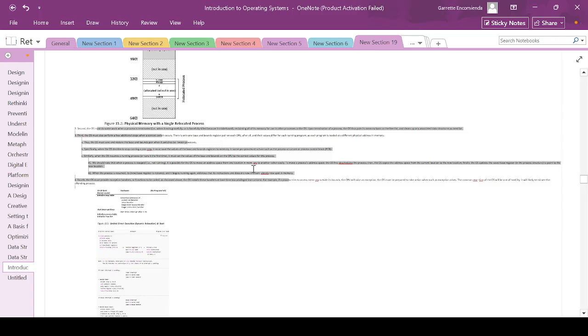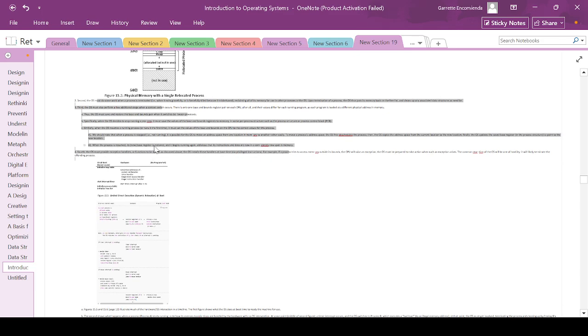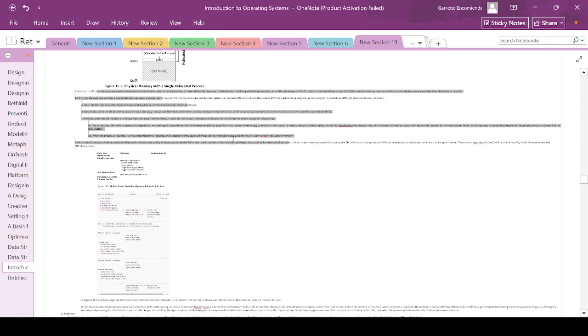It's a way of tracking where the process left off, just like in the previous video. We should note that when a process is stopped, it is possible for the OS to move an address space from one location in memory to another rather easily.